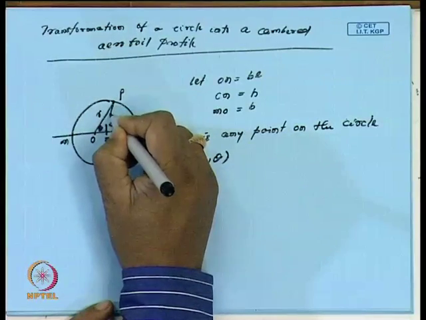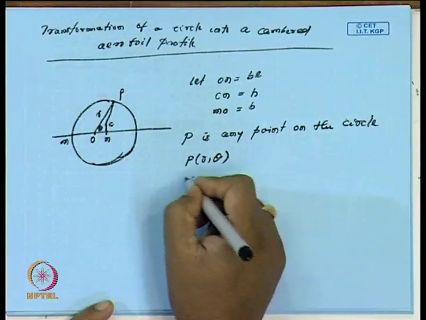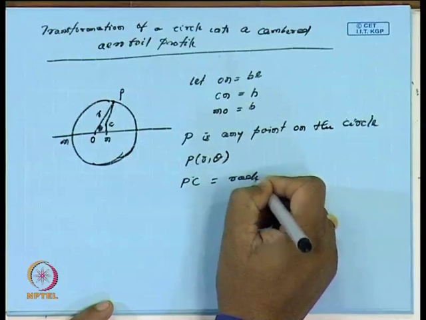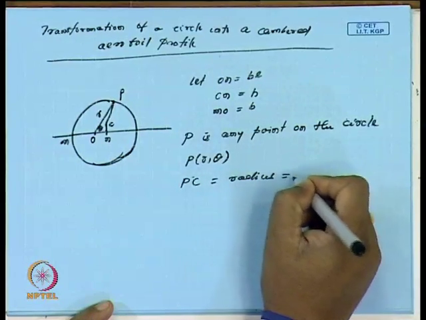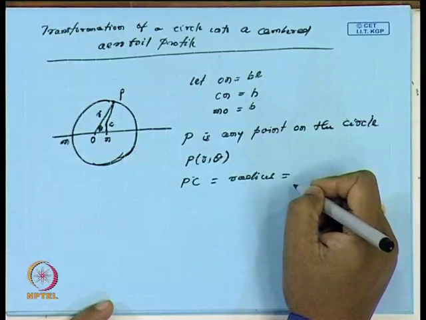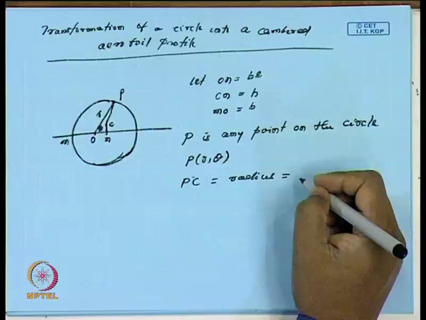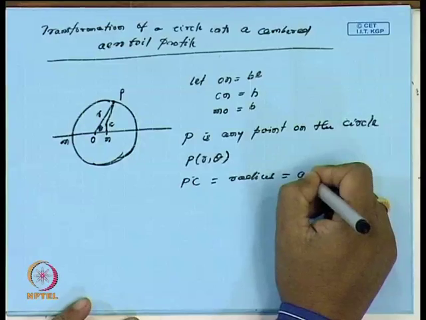Let me join P C. So, P C is the radius of the circle, and let me call the radius of the circle A.